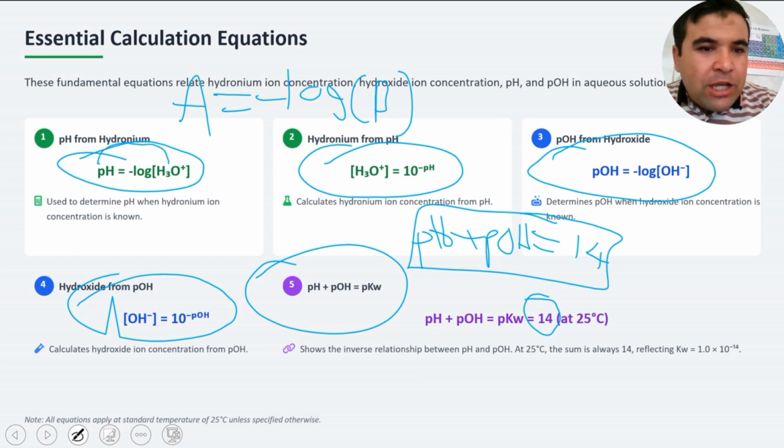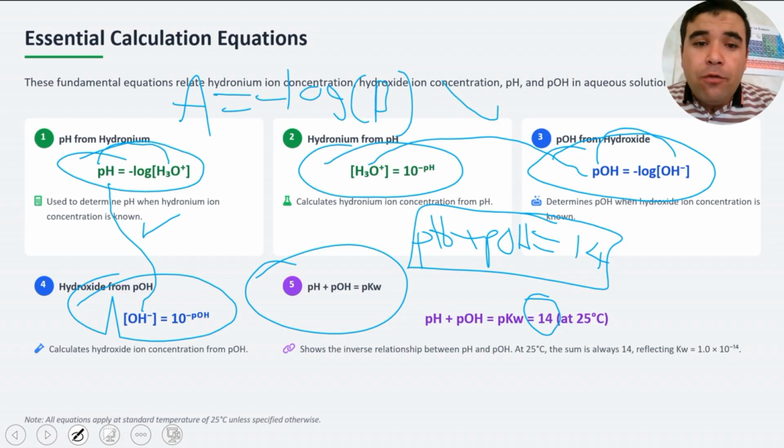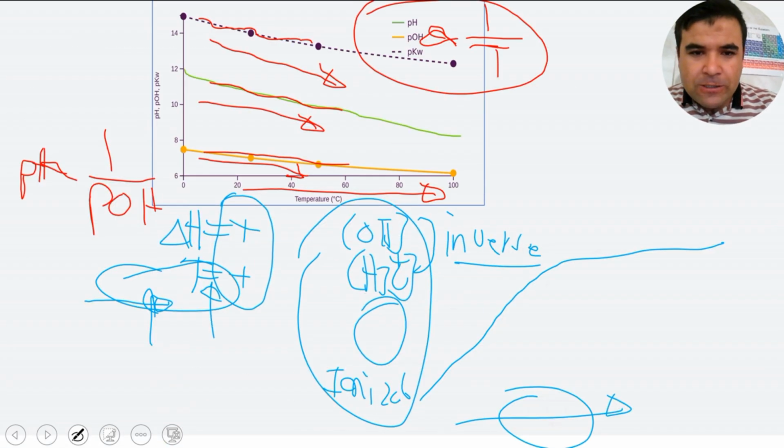Hydronium and pH are changing inversely proportional. And then hydroxide with pOH are inversely proportional, guys. But hydroxide with pH are directly proportional. And then hydronium with pOH are directly proportional to each other. These relations are very important to be known in order to solve these types of questions, guys.